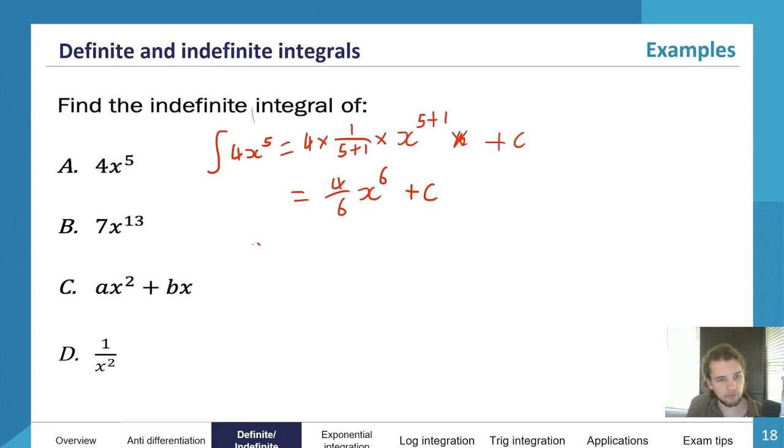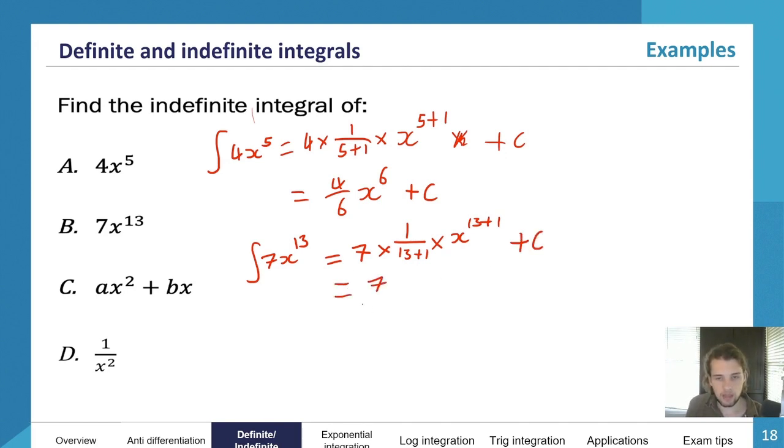So let's utilize the formula for 7x to the power of 13. Is equal to 7, so we have our constant value that we shouldn't forget, multiplied by 1 over 13 plus 1 multiplied by x to the power of 13 plus 1. Always remember to add that c on the end.